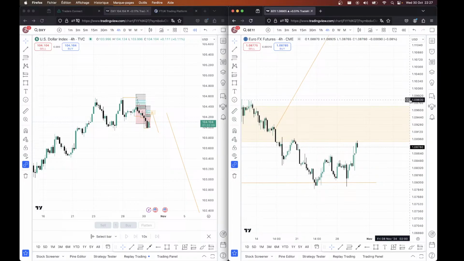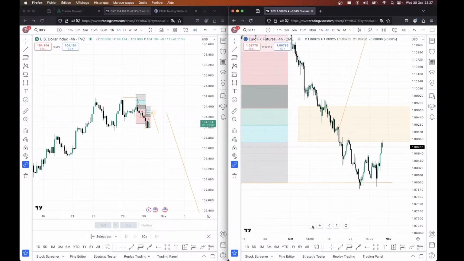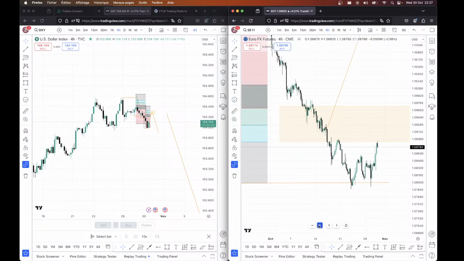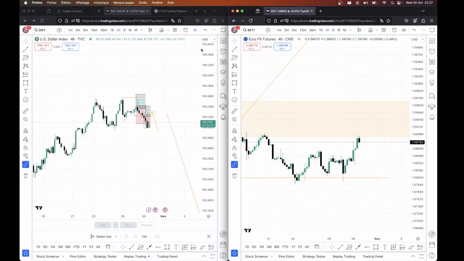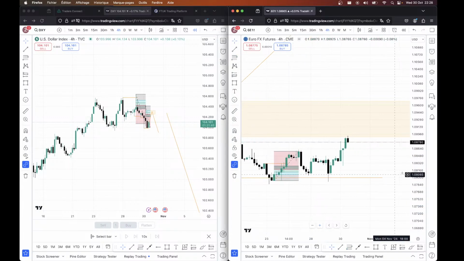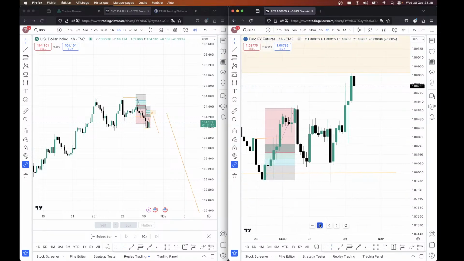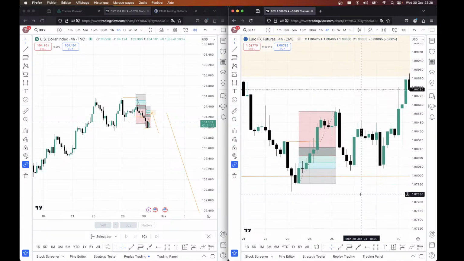And you can see that once we took this liquidity level, let's see what euro does. It breaks the structure. Okay. Are we bullish? I don't know. Oh, look at that. How can you not be bullish when you see that?